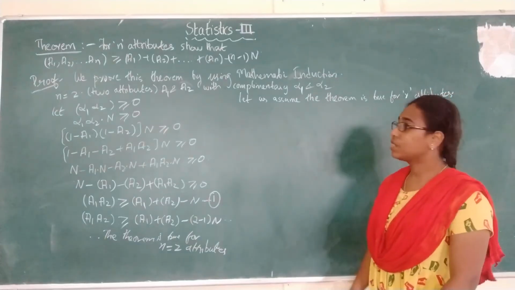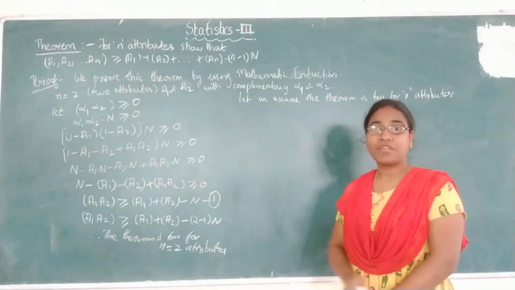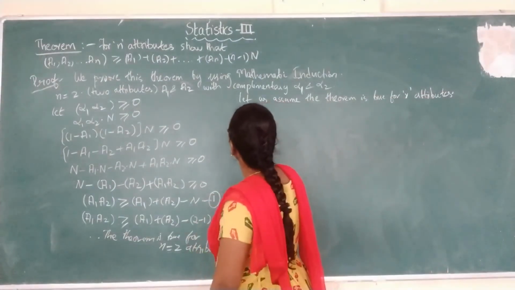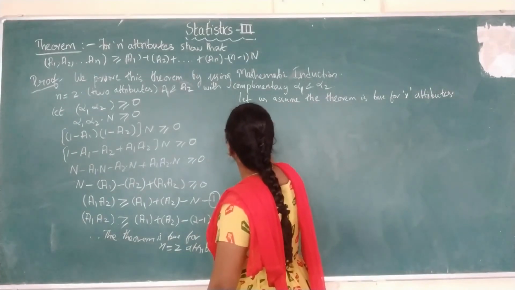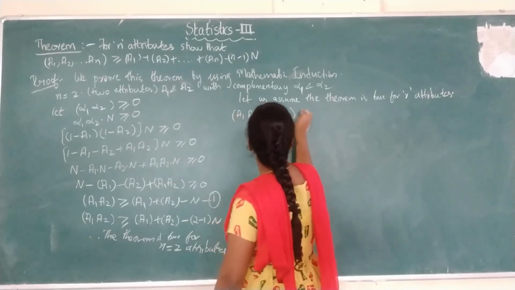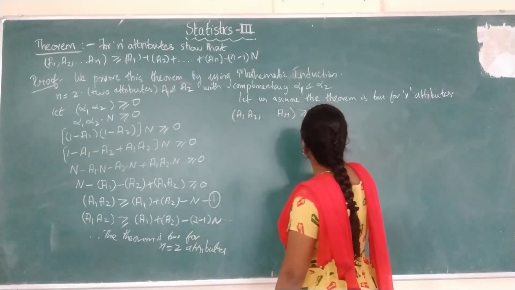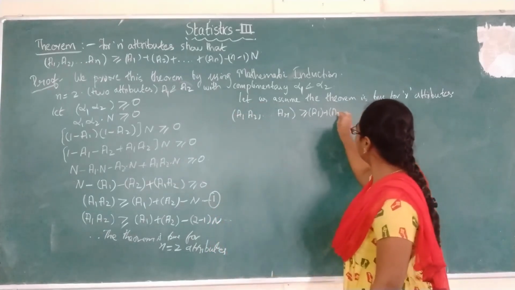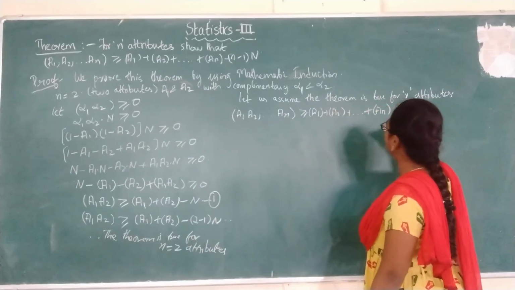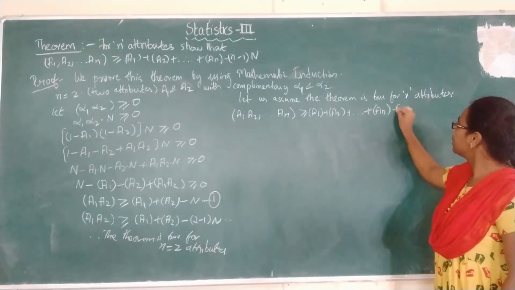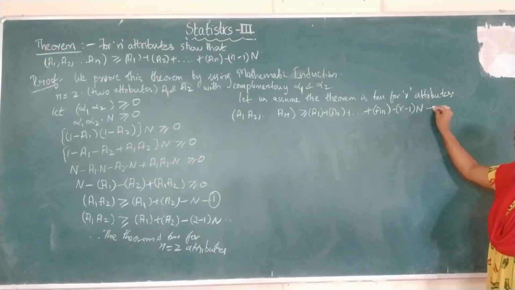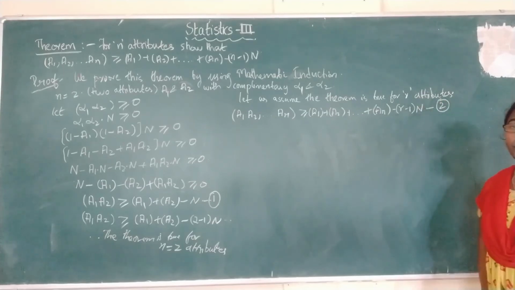So in place of N, you substitute the r value, and you will get a1 plus a2 plus so on plus ar is greater than or equal to a1 plus a2 plus so on plus ar minus (r minus 1) into capital N. So keep it as equation 2.